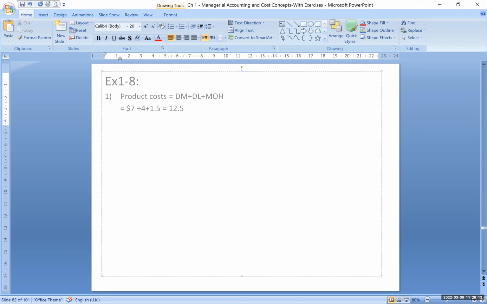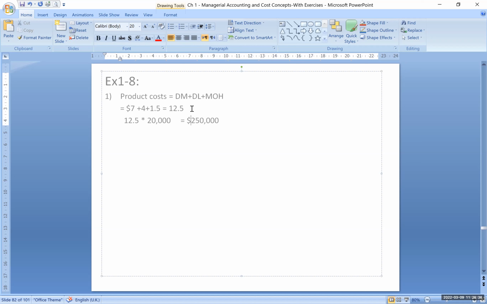Again, 12.5 times 20,000 units equals $250,000. This will be the variable part of the product cost. Direct material is variable.